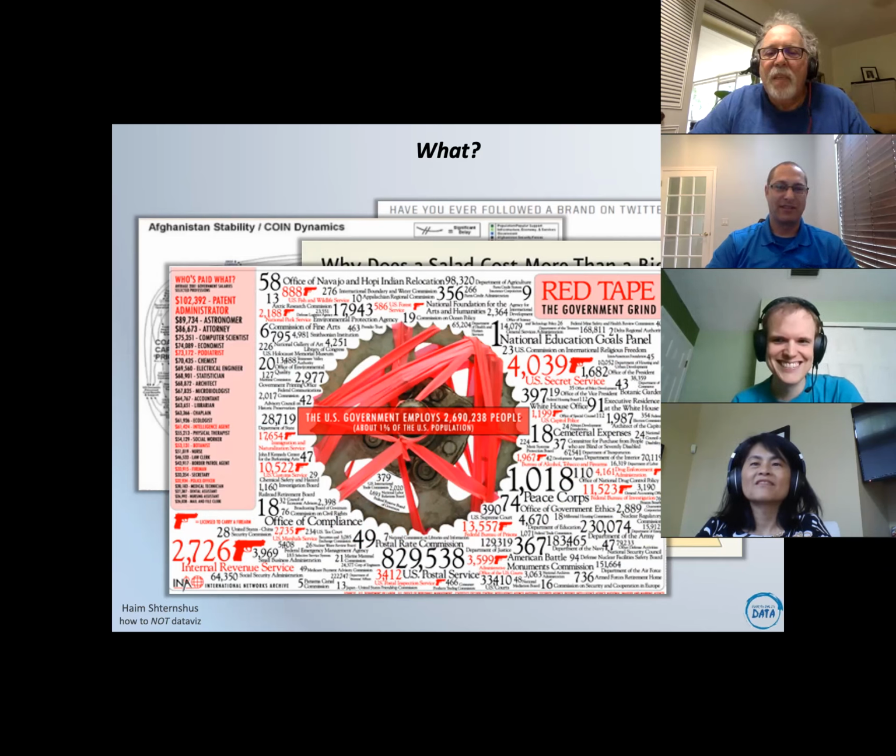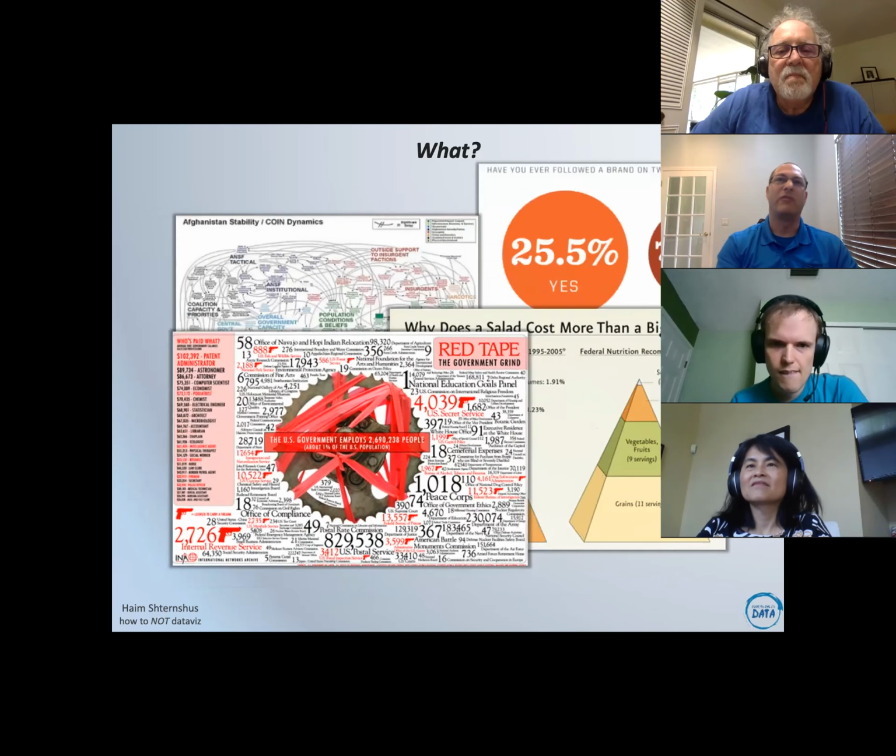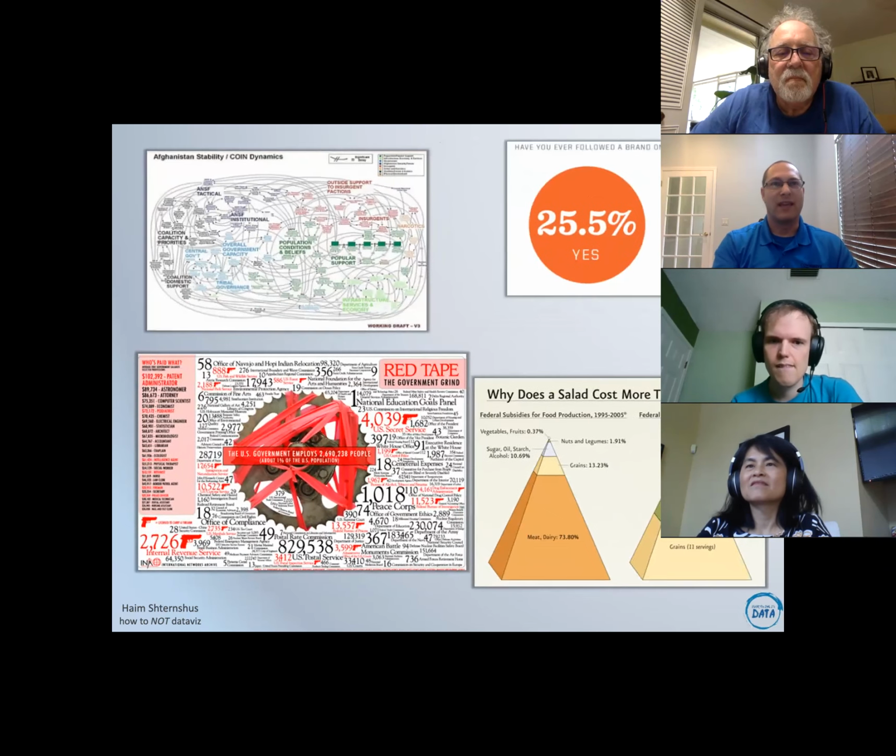What are the guns doing exactly? Yeah, I don't know. So this is really a big question mark. And I guess if you're taking one thing out of this talk today, it's really don't make your data visualizations look like any of these examples.